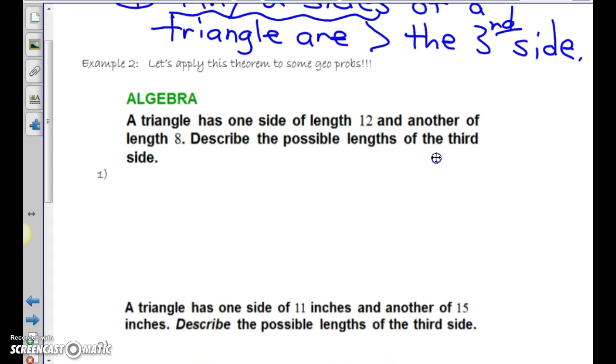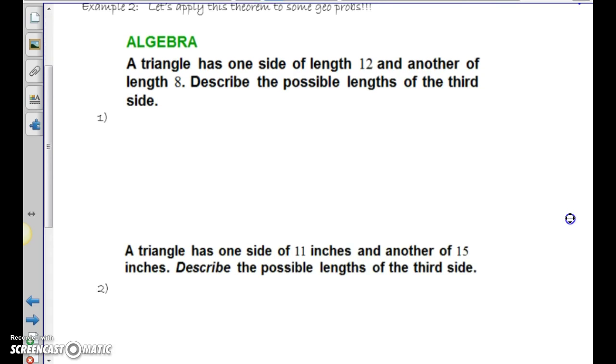So one example of this, the first one. A triangle has one side length of 12 and another of 8. What are the possible lengths of the third side? So in other words, we've got some triangle here. One side of the triangle is 8, another's 12, and this one we don't know. Well, again, remember, triangle inequality will get you close to an answer, but it won't actually give you an actual answer.